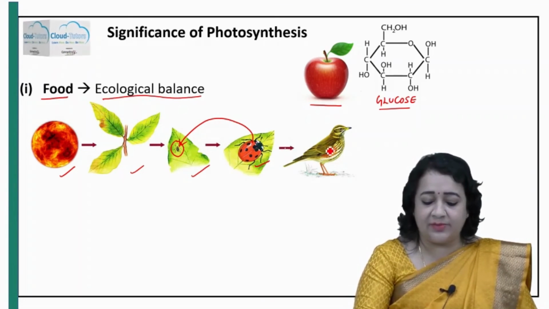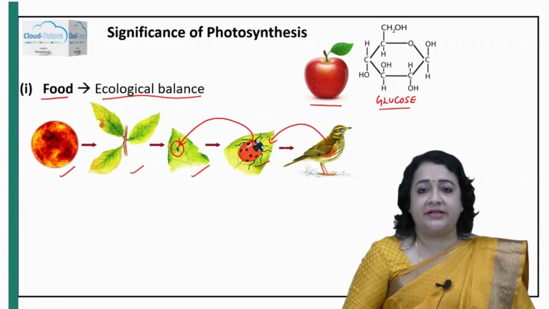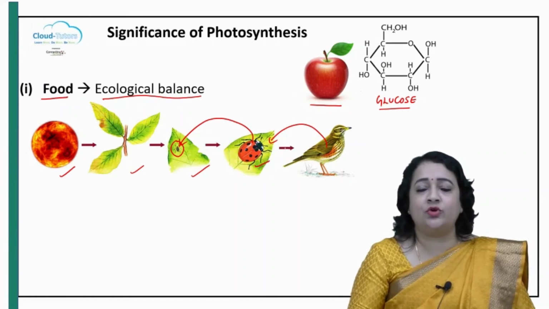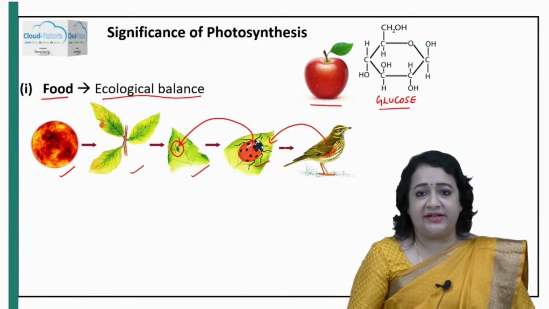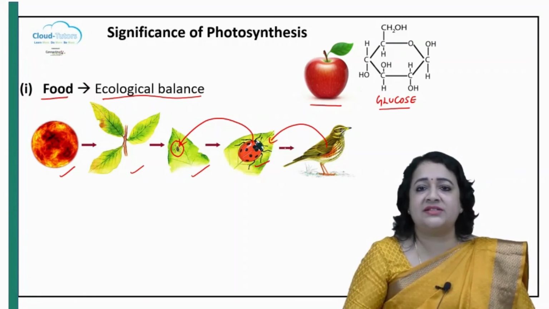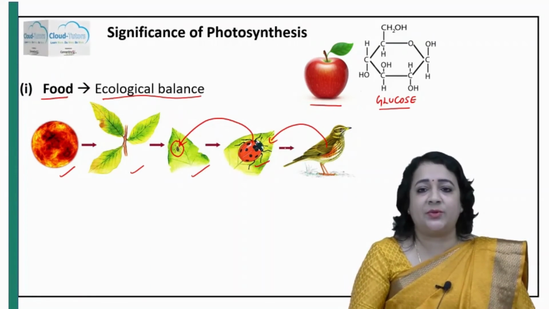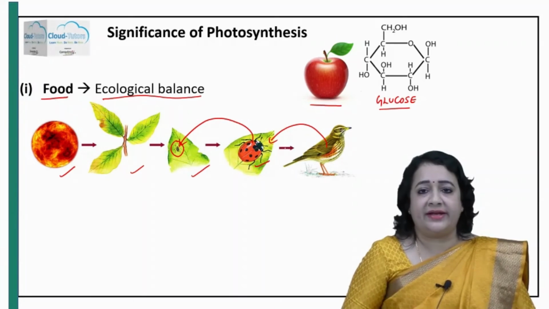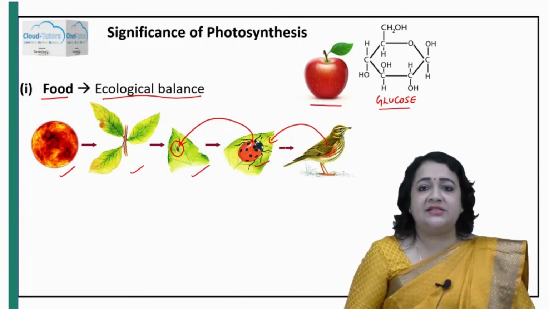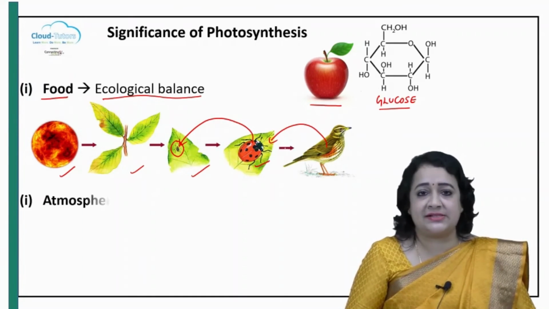This bug will be eaten by the bird, so the energy flow continues in the ecosystem. Ecological balance is maintained since photosynthesis is the process where food is prepared by the plants, and that food energy is transferred from one organism to another.